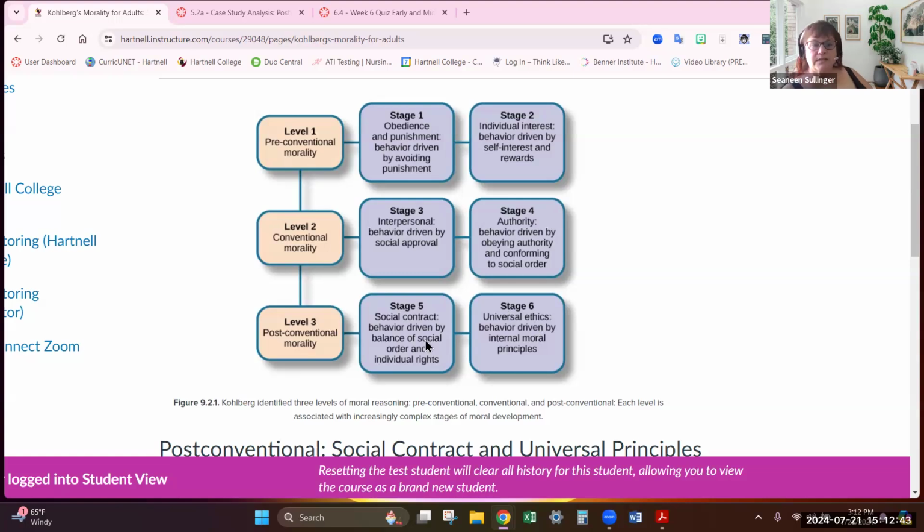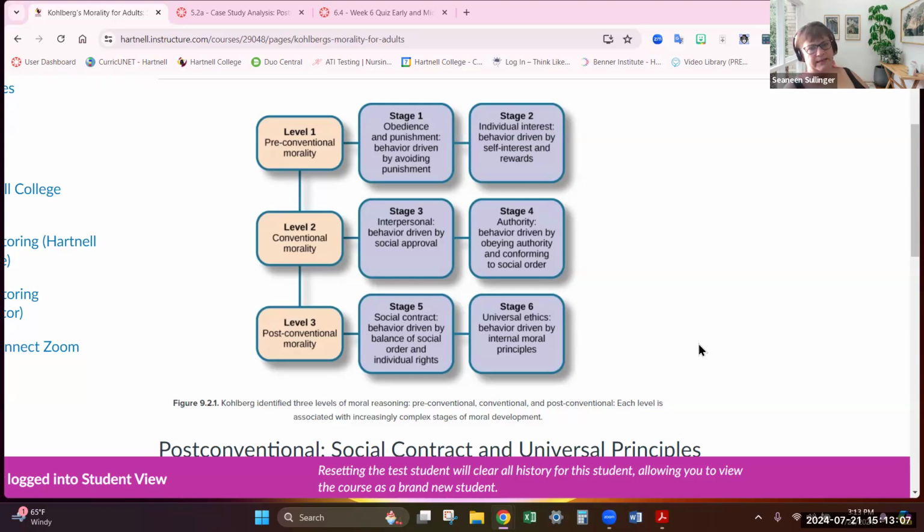Stage 5 is the social contract stage, where behavior is driven by a balance of social order plus individual rights. The person has a right to do this, but society says we have to do this. So what does that mean? We're trying to balance that, and our behavior is to balance that.